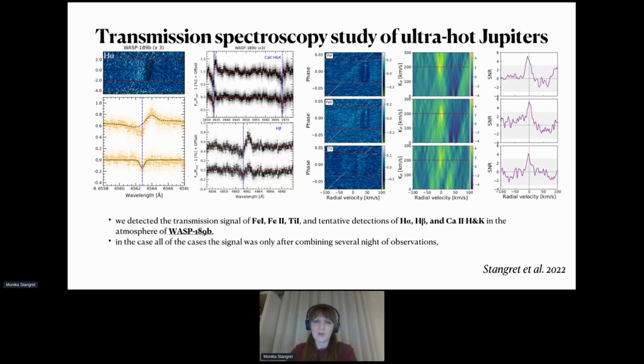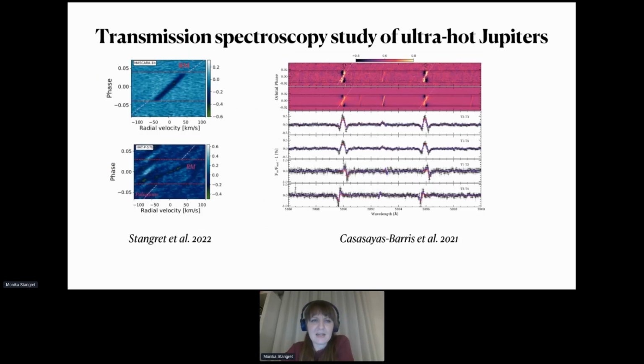And using the cross-correlation method, we detected iron 2 and titanium. As you can see, maybe don't see, this is the signal coming from the atmosphere of the planet. This signal here is the Rossiter-McLaughlin effect. Fortunately, it's at a little bit different radial velocity. And we also detected H-alpha, H-beta, and the calcium-2 doublet.